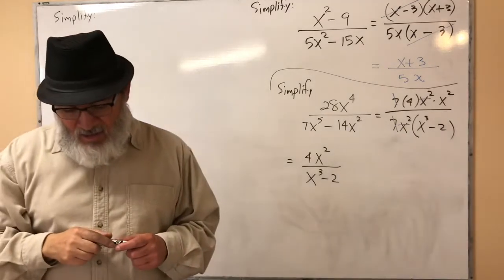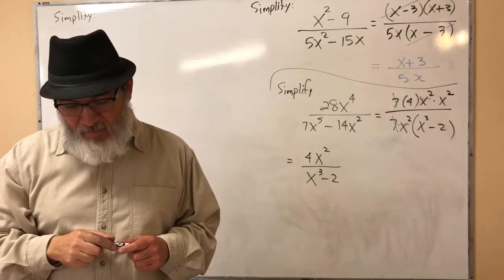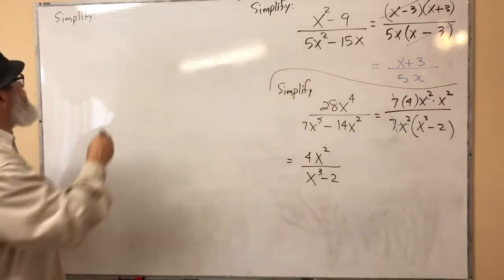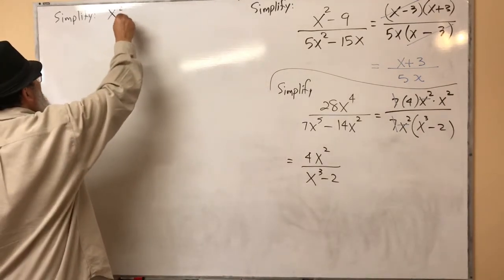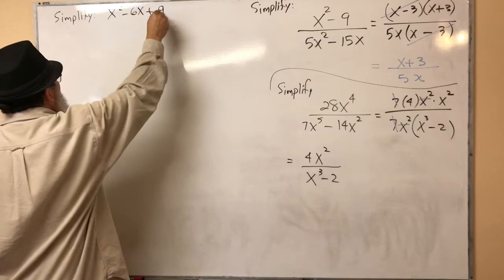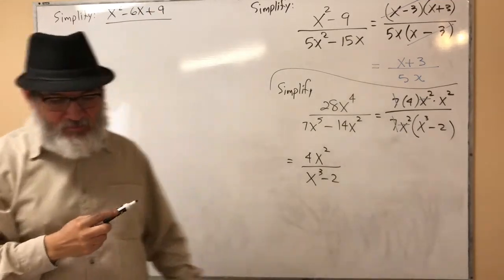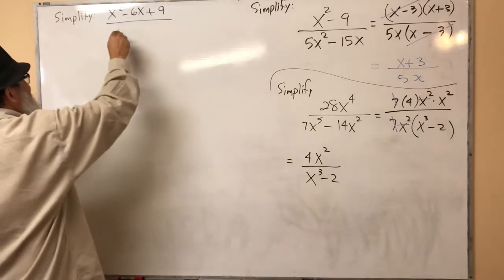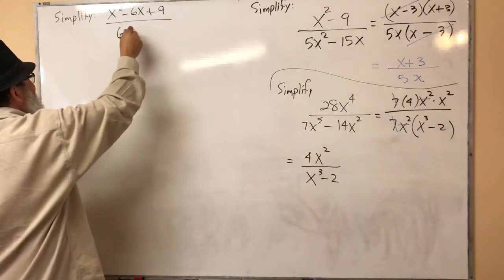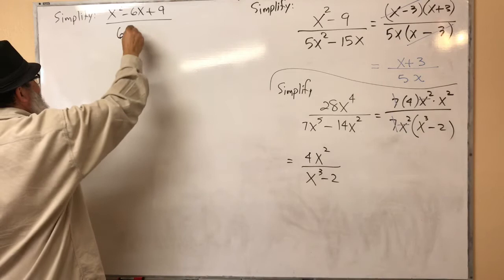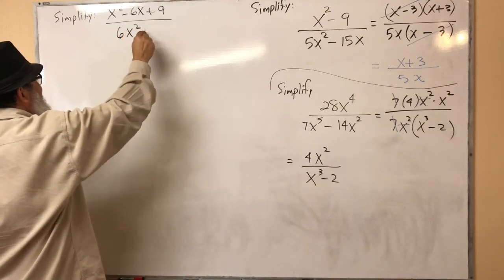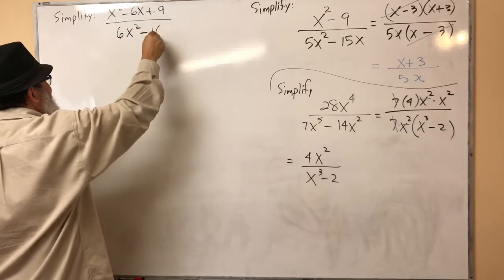Simplify x squared minus 6x plus 9 over 6x squared minus 18x.